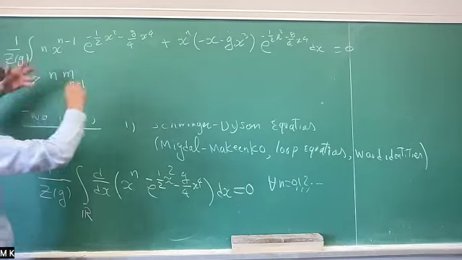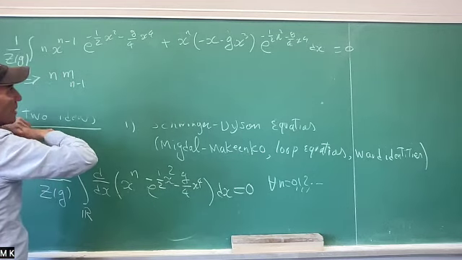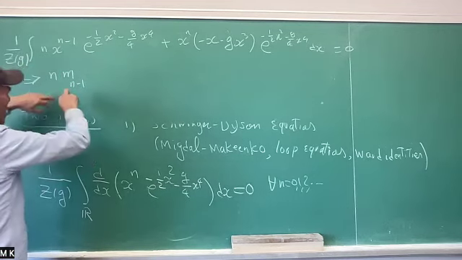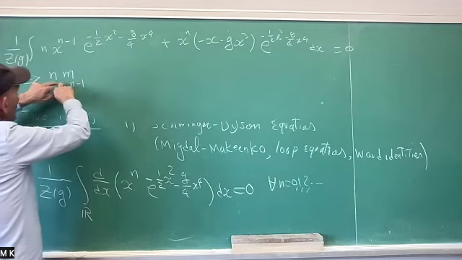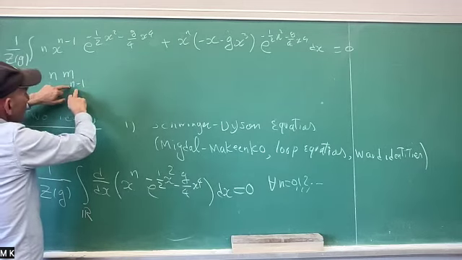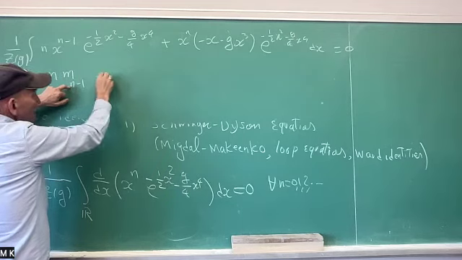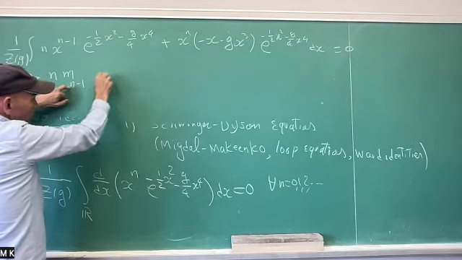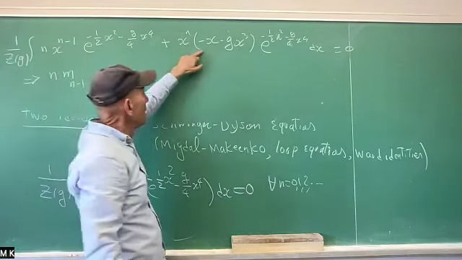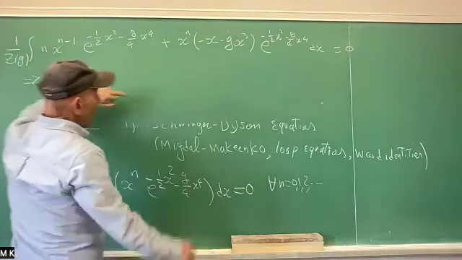That's a bit unfortunate, I'm using m and n in the same thing. That's okay, I'm going to change n very soon. So I've got n times M_{n-1} minus M_{n+1}, plus the g term.